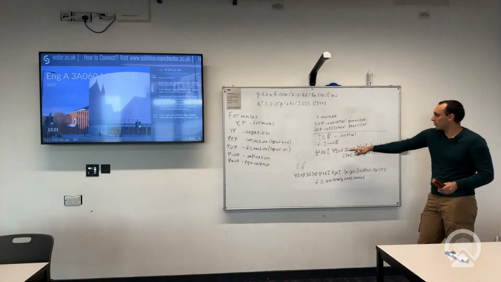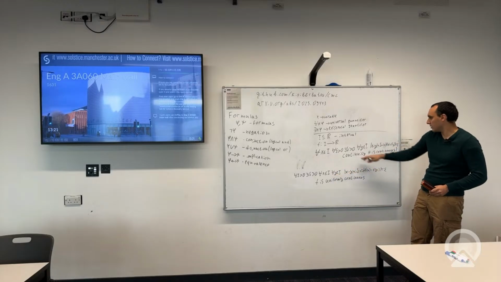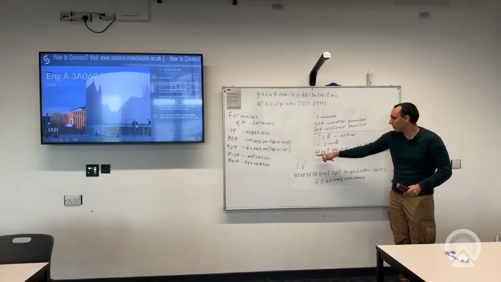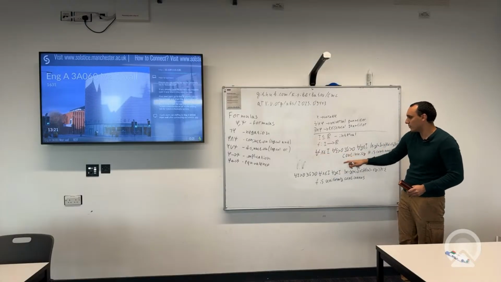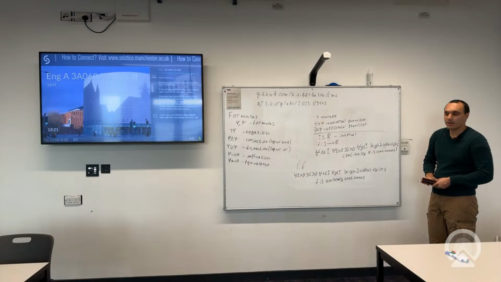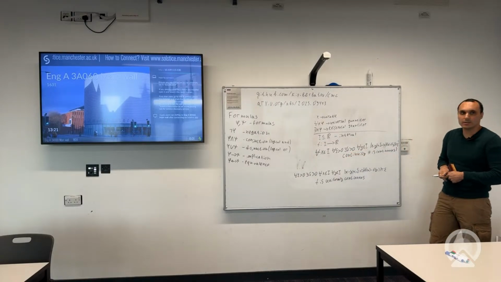Okay, if you look at the formulas, they are the same, but they start differently. Here we have for all and then exists, but here we have for all, exists, and then again for all. Can you tell me which one of them is stronger than the other?